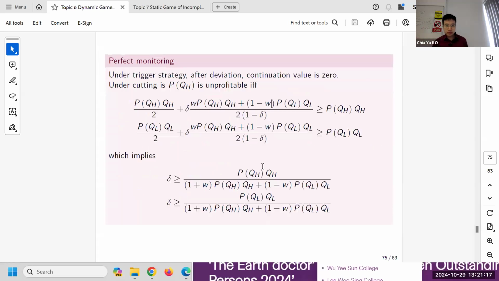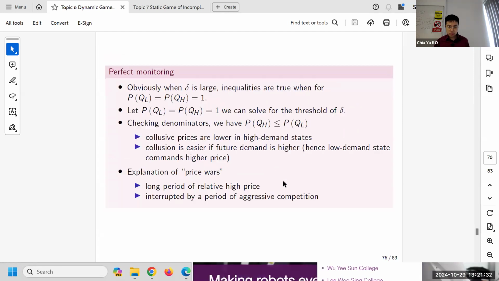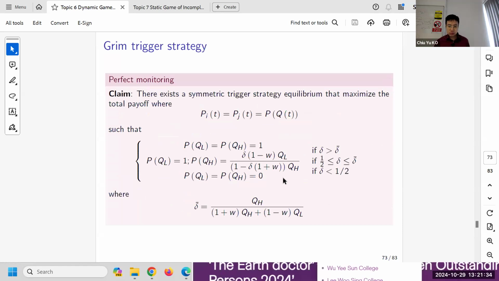Look at this. We need this one to be less than or equal to 1, so it would give you that QL is bigger than QH.